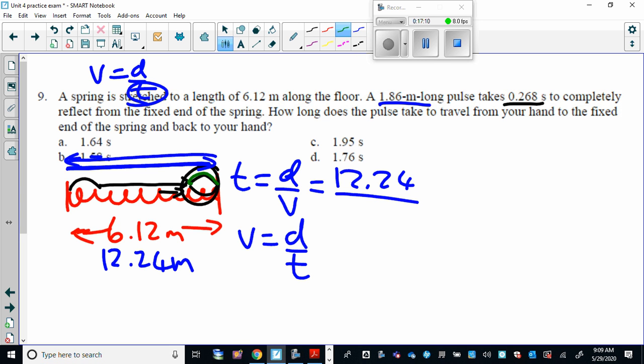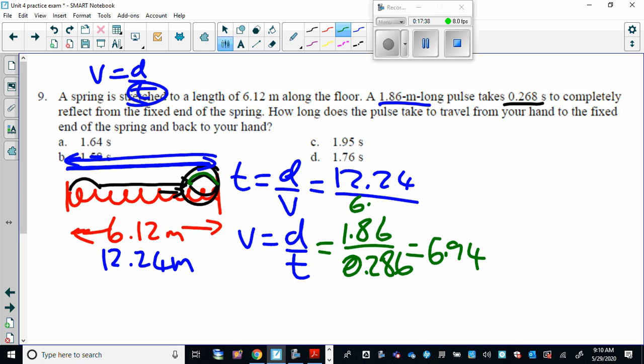So this would be my T. If you divide those, you're going to get 6.94. That's the velocity of the wave, which I can then put in right over here, and that will give me a time of 1.76 seconds.